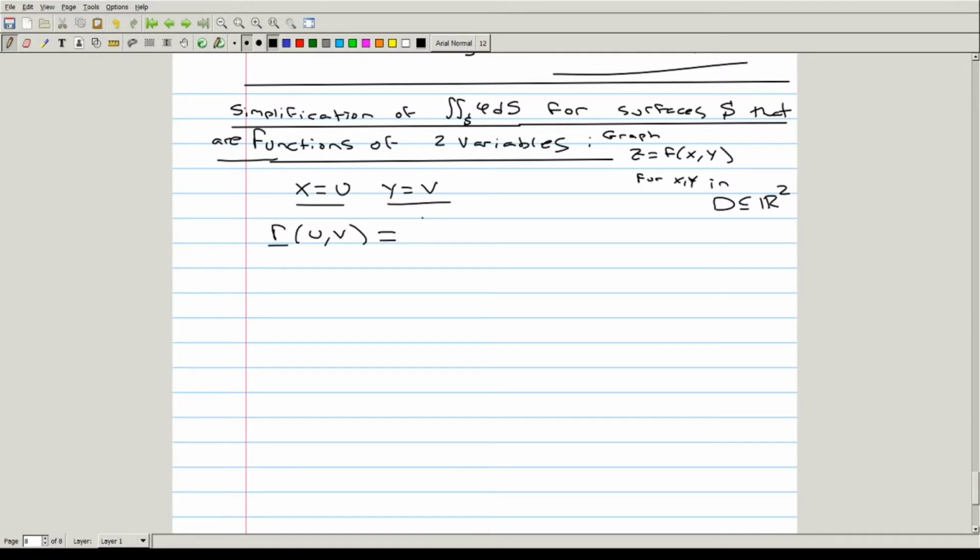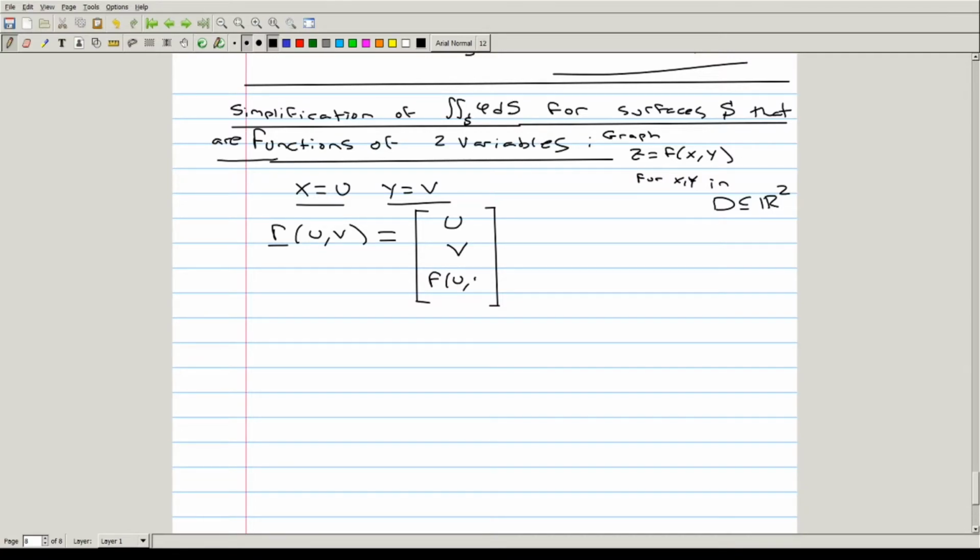And so our parameterization for a surface that's expressible as the graph of some 2D function is going to be the following vector function. Well, x is u, y is v, and z is whatever the value of that function is.